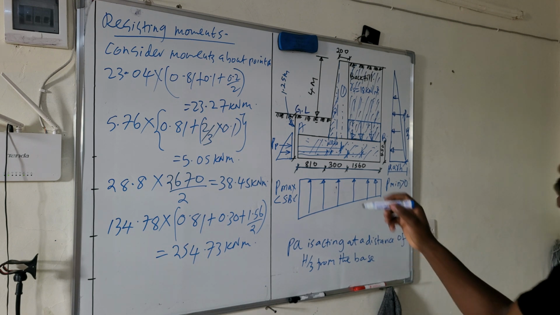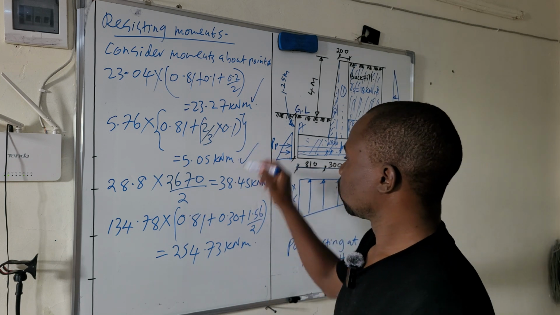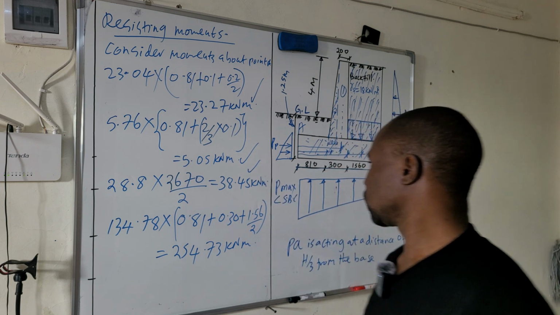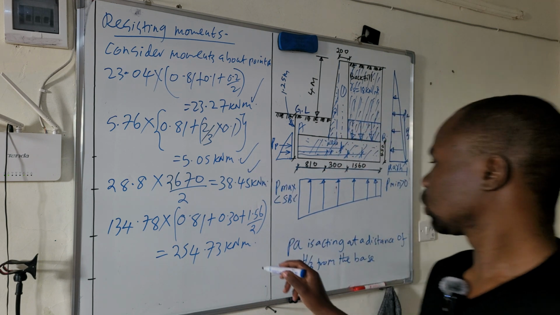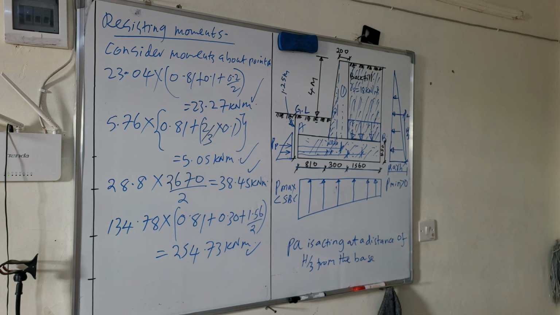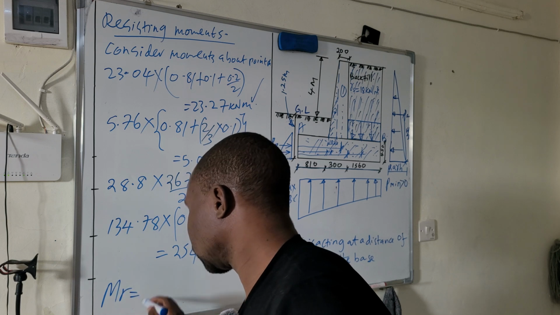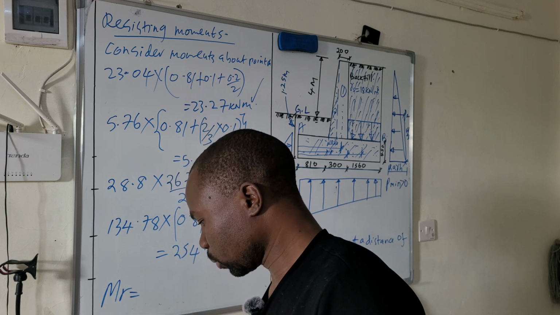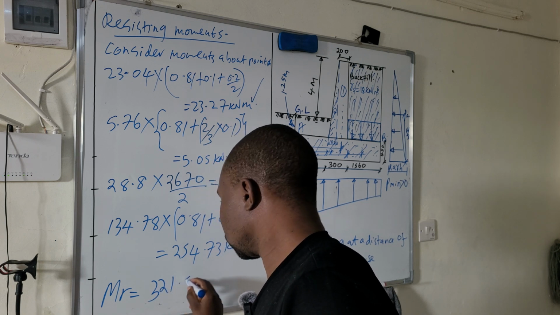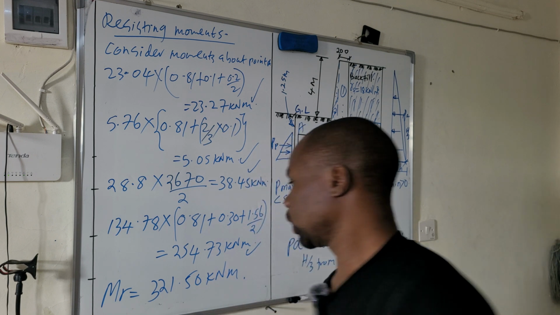So having done so, we'll add all the moments. So you'll add 23.27 plus 5.05 plus 38.45 plus 254.73. So you will get moment of resistance is equal to 321.50 kilonewton meter.